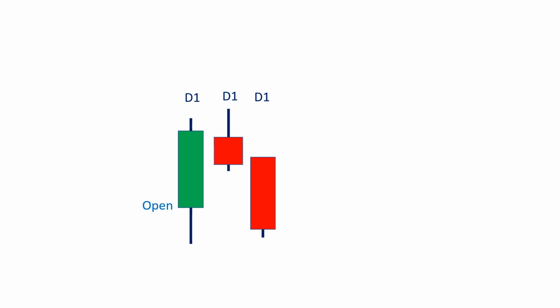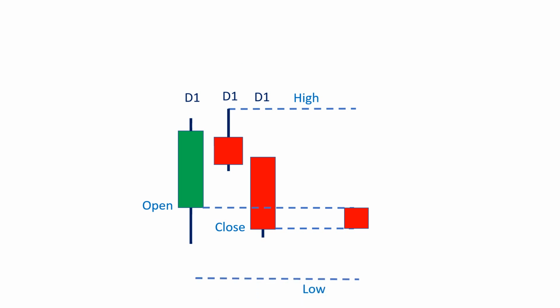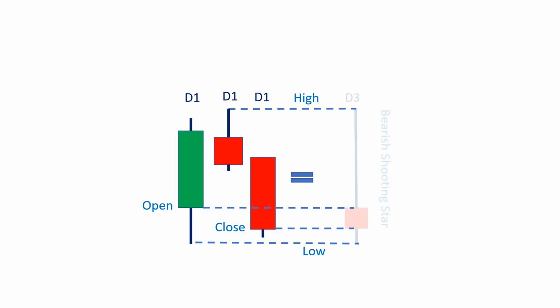We take the open of the first candle, we take the close of the last candle, we take the portion between open and close, and then we take the high and the low of the pattern. The equivalent is nothing but a bearish shooting star with three days time frame and with a strong reversal power.